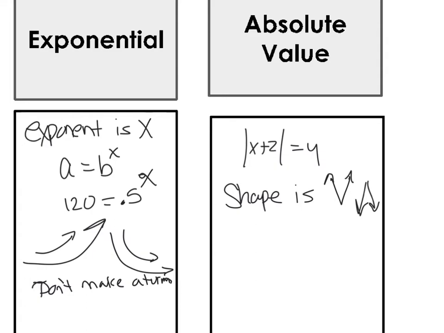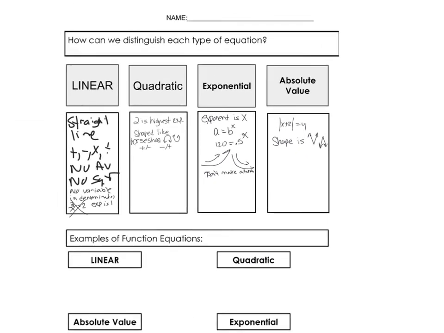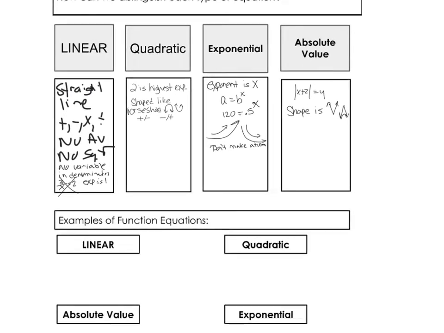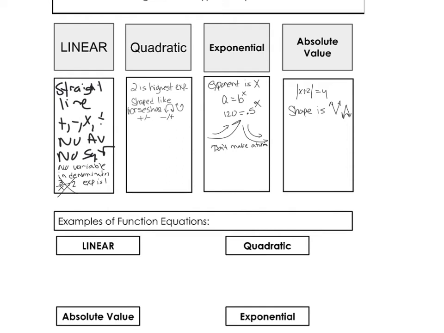So those are the 4 types of functions we'll be looking at. We'll be able to identify them by the graph today. This one's a straight line, this one's a horseshoe, this one's going either up or down, and this one is the shape of a V.